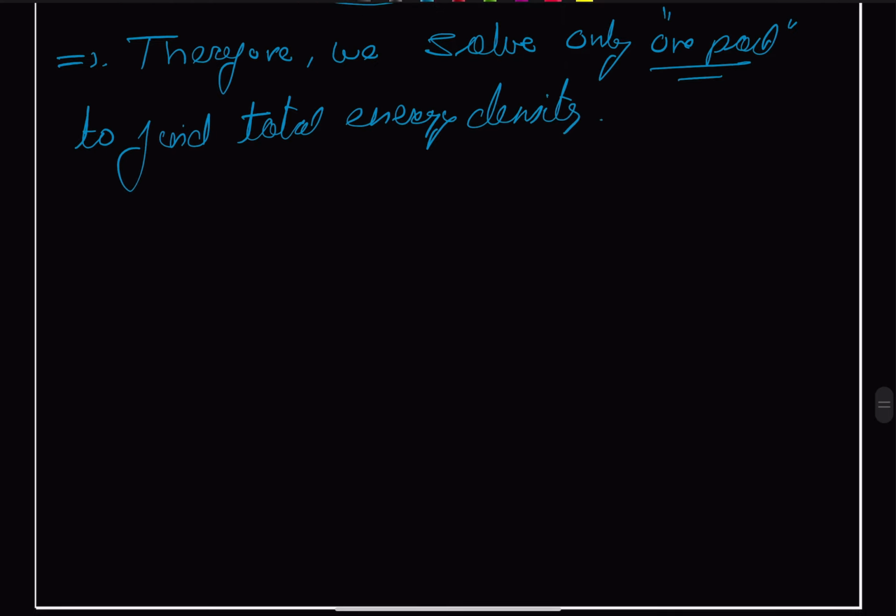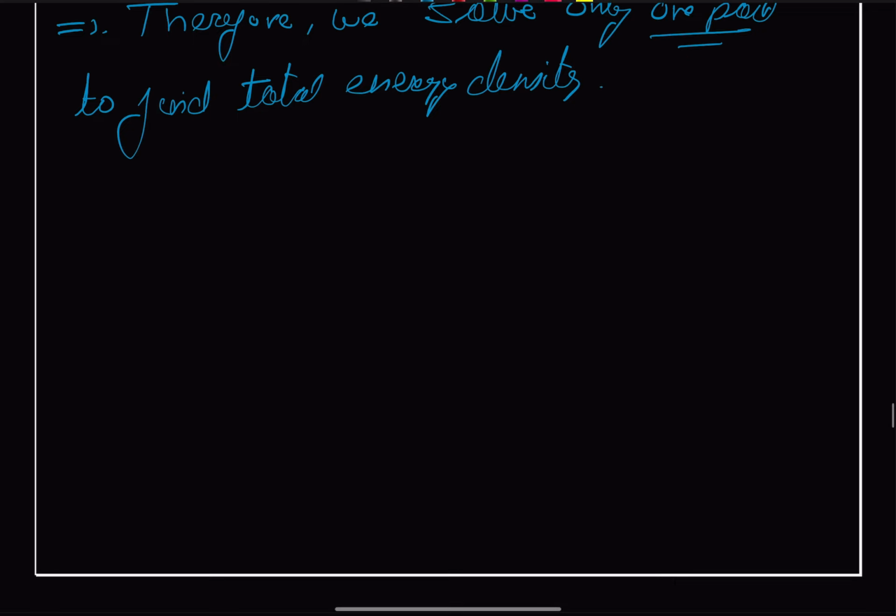So therefore, we can say that our total energy density, that is our U, will be equal to energy density because of electric field, which will be equal to half epsilon naught E square.